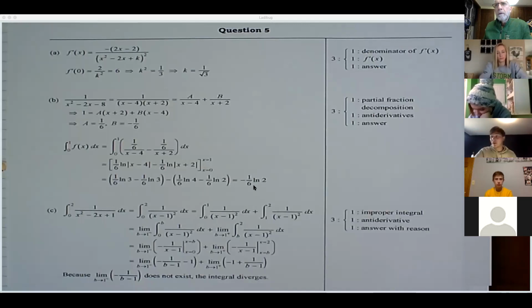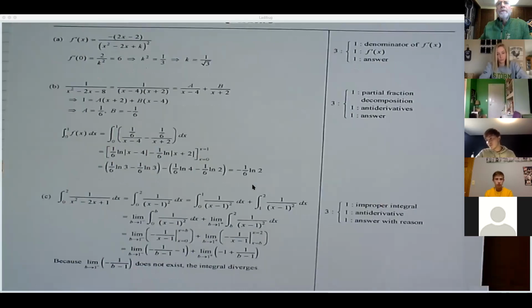I checked it on my calculator, I have the same answer. Tell me what answer you got. I got 1/6 natural log of 2 minus 1/6 natural log of 4. That's going to be the same thing. You just didn't combine them, and they would give you credit for that. Okay. That was interesting.